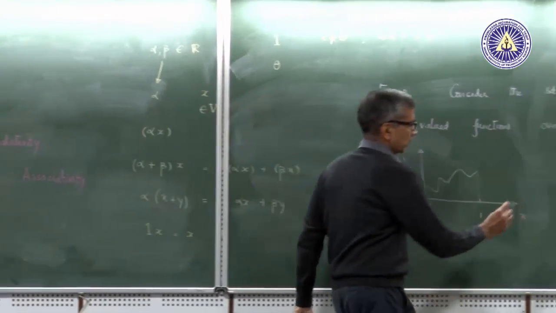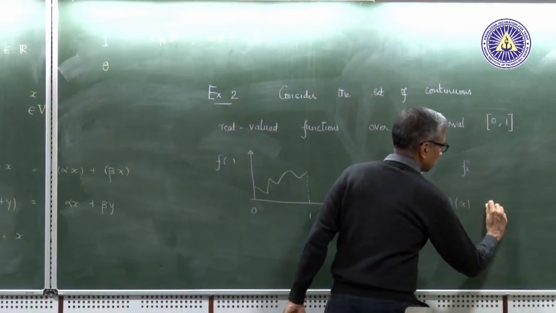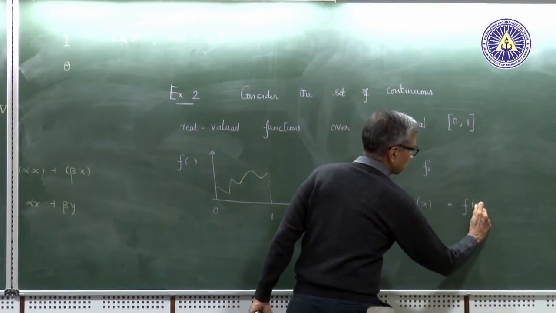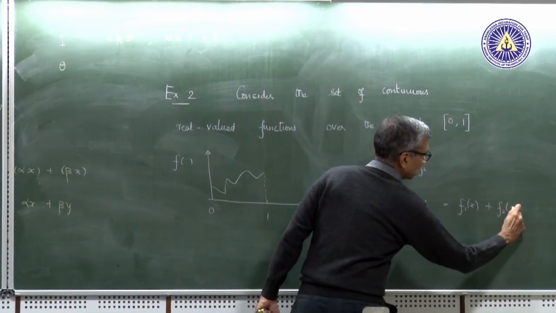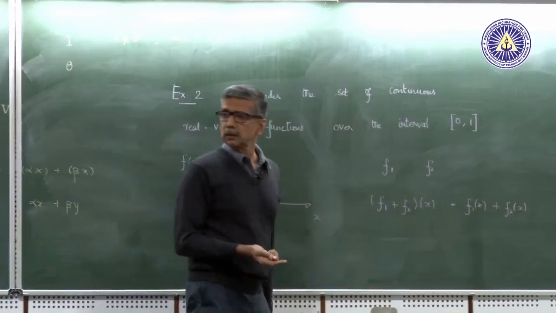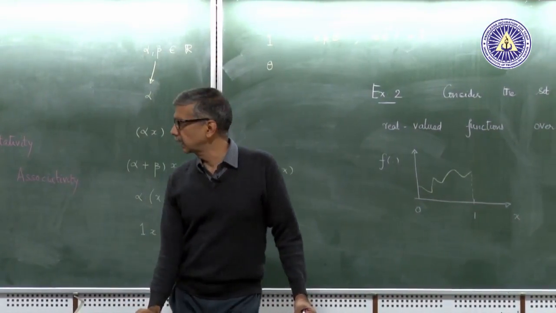Simple, right? You can define f1 plus f2 pointwise, right? You can say this is nothing but f1 of x plus f2 of x, because both these are defined over 0, 1. So, the new function f1 plus f2 is that.